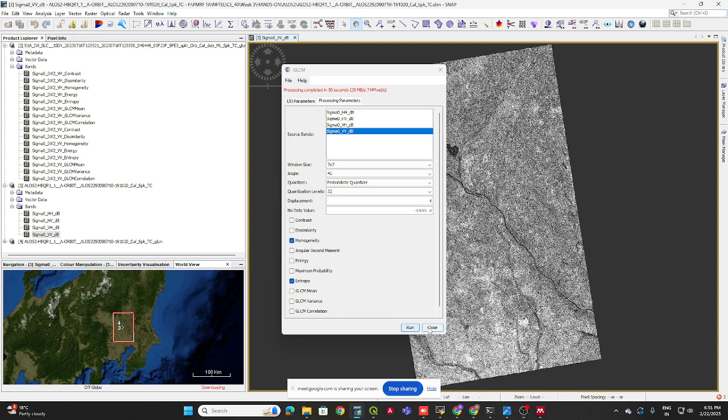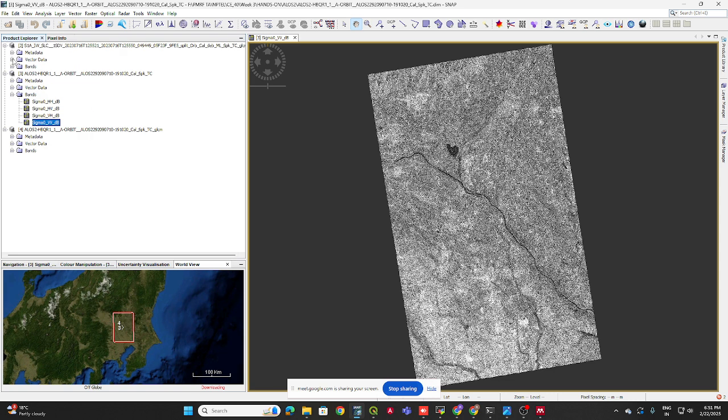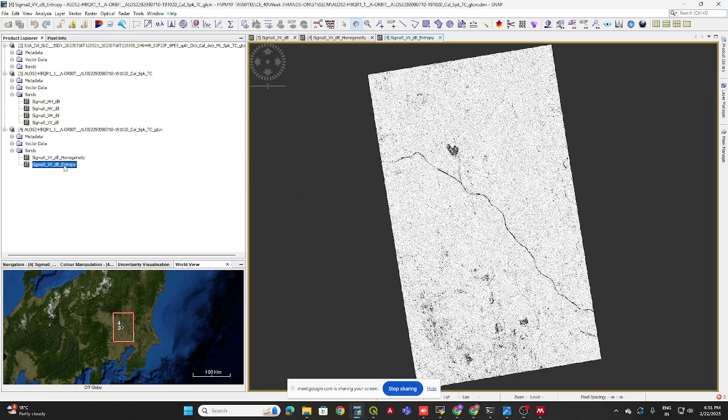So the processing is done. We will see the homogeneity and the entropy. Similarly, you can see the entropy here. Here the randomness is so low, it is well defined, and these are some of the built-ups, buildings and agriculture.